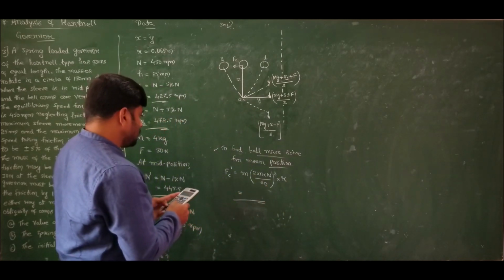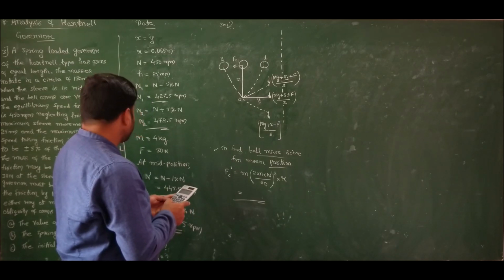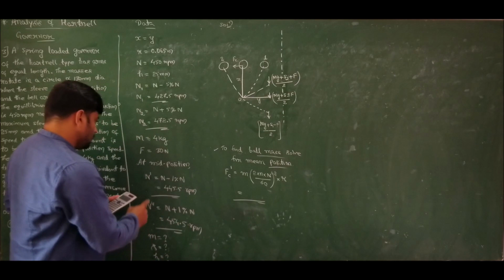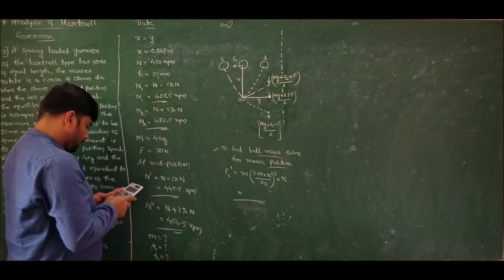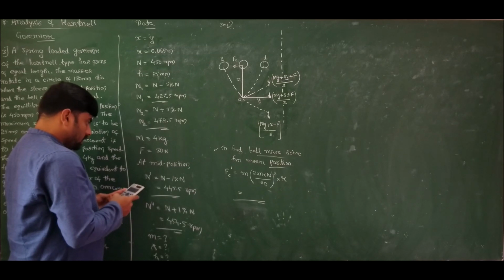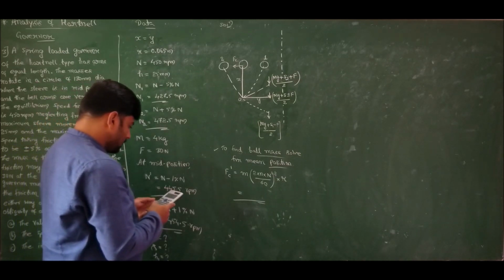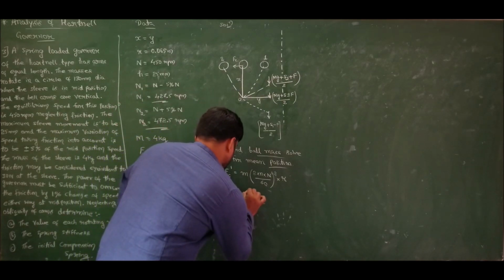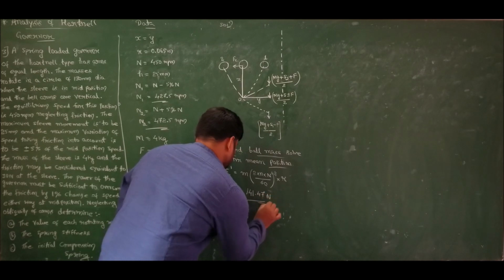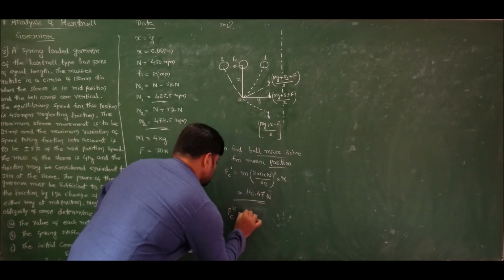Mass of ball is unknown. It is 2 into pi into n dash, n dash is 445.5 by 60 whole square into radius is 0.065. It is 141.47. 141.47 M meters. And Fc double dash is how much?